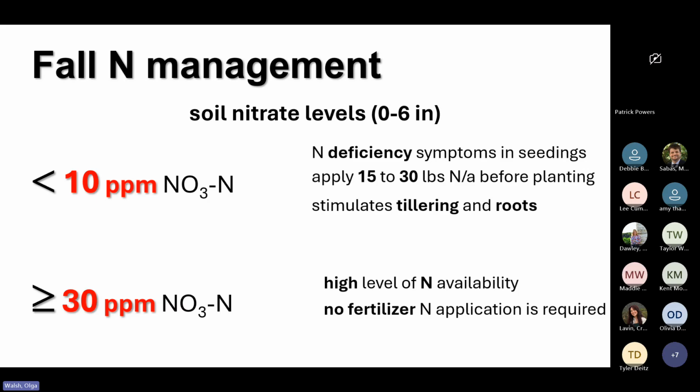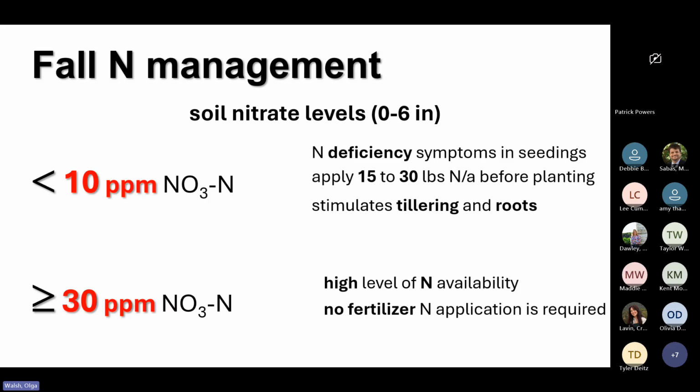So then we would recommend applying up to 30 pounds. Typically, for our small plot research, we usually apply about 20 pounds of nitrogen at planting or right before planting to get those roots established. And then if we have anywhere between 30 and more, that indicates that we have a sufficient or adequate amount of nitrogen in the soil already.